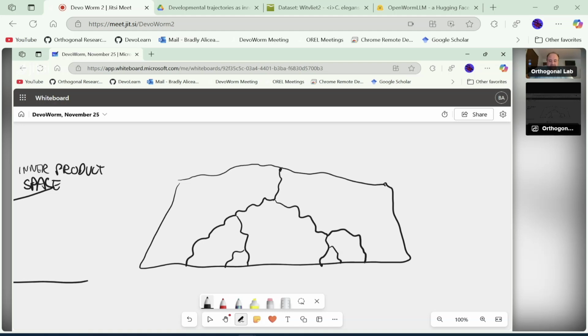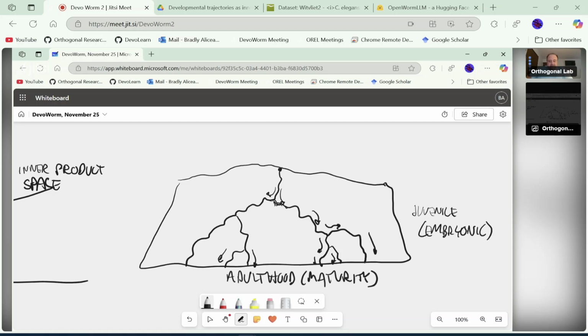So you start up here at the top, which is the single cell embryo, and you go down this path and you end up with switch points or decision points where you go down different channels, and you make your way down to the bottom where you end up in a unique location at the end of development. So this is adulthood, or maturity, and this is the juvenile stage, or the embryonic.